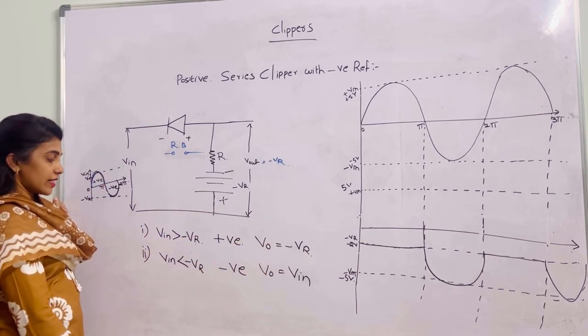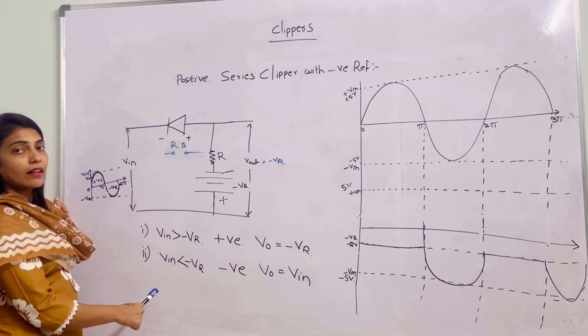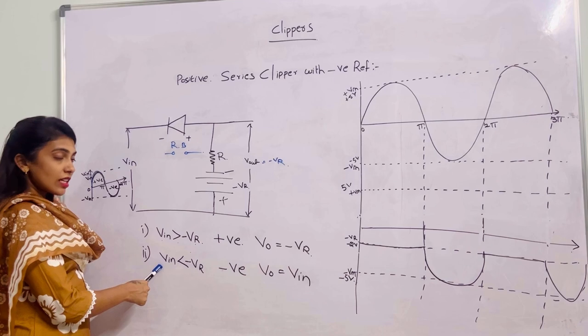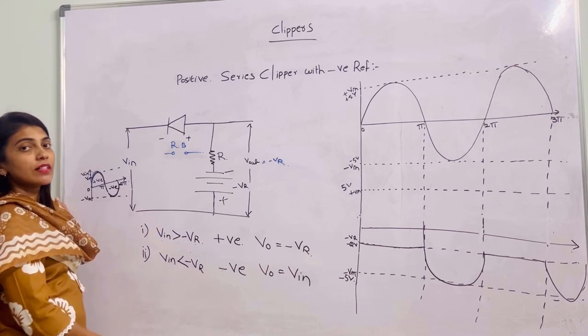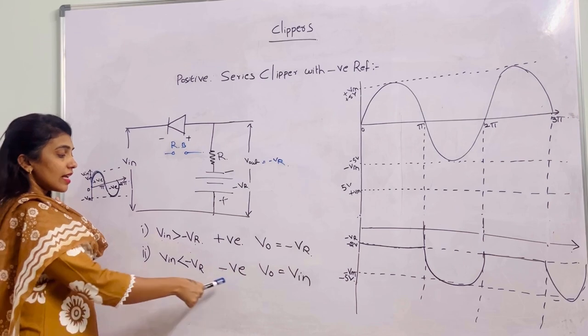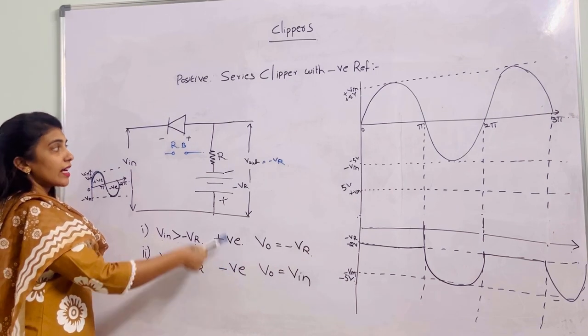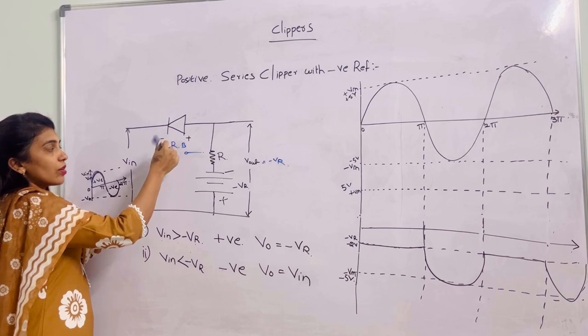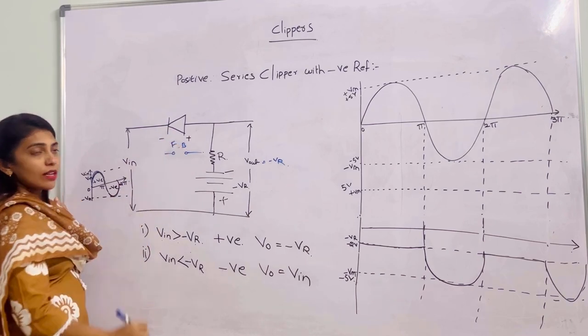Next condition, V in less than minus VR. So the input voltage is lower than the reference voltage, right? Obviously the input signal is at the negative peak. When the negative peak is given to this diode, this diode is in forward bias condition.